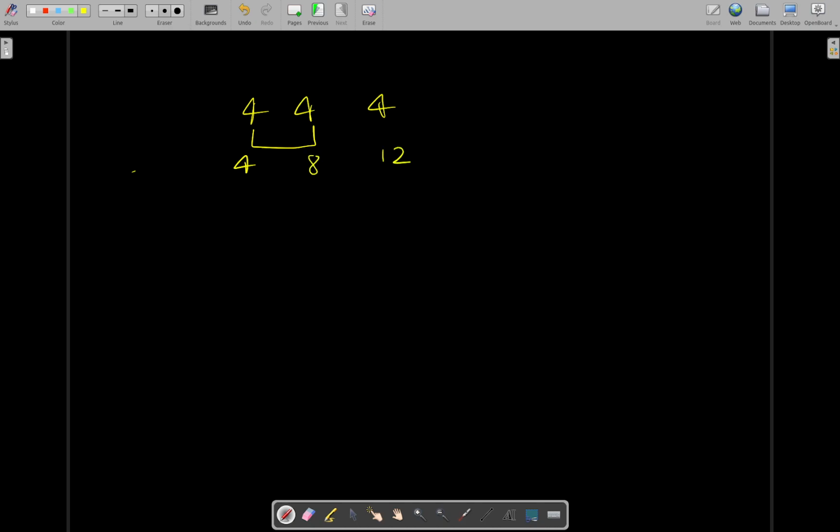These are the sum values, or let's call them running sum values.